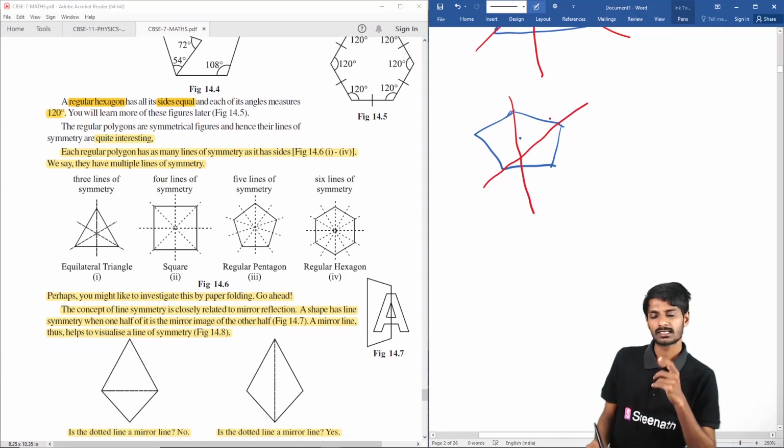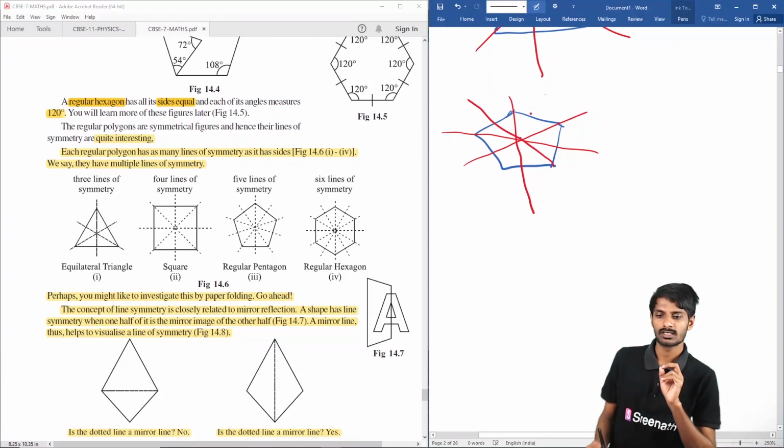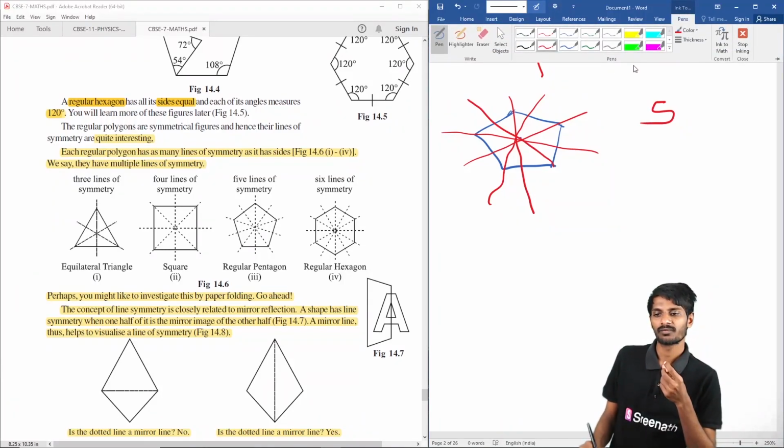Around this line, it is symmetrical. Around this line, it is symmetrical. Okay, students. And around this line also, it is symmetrical. And around this line, it is symmetrical. So we are getting 5 lines of symmetry here. Beautiful thing now.